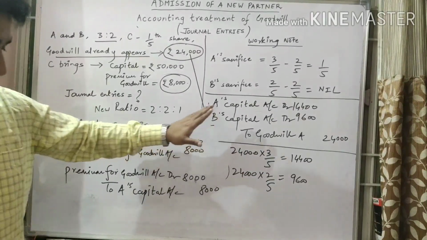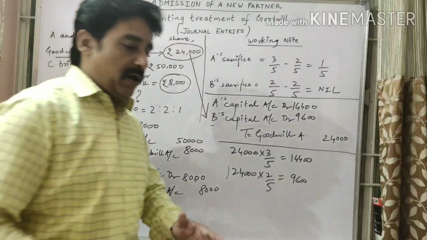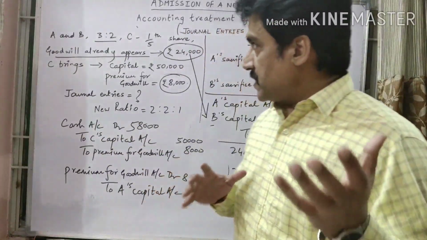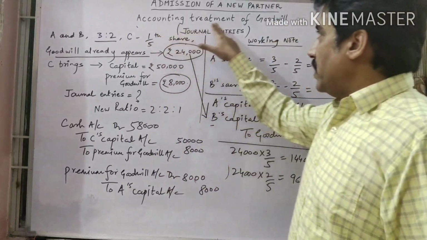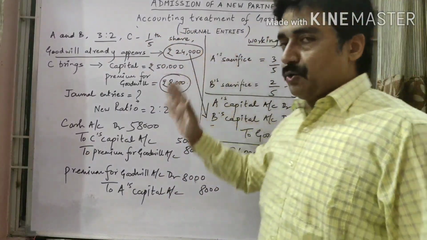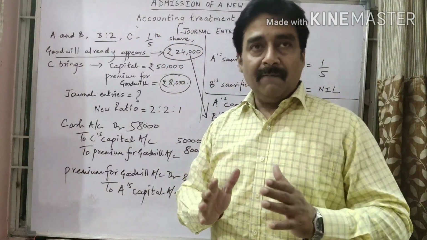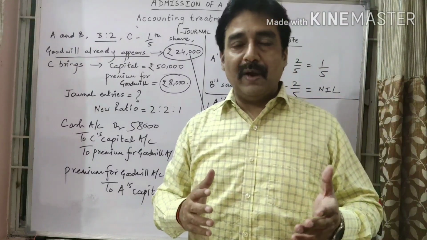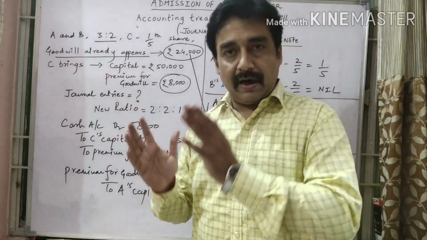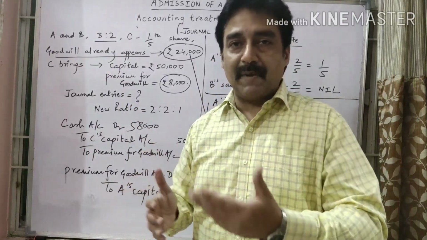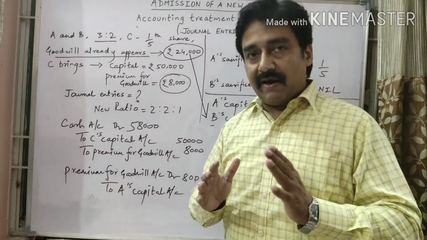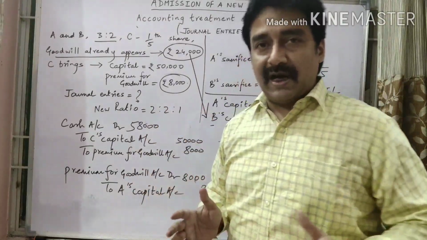Okay children, so what we have done today, I'll sum up in 1 minute. We have started doing this accounting treatment of goodwill, under which we have taken one situation where the new partner brings his amount for capital and his share of goodwill in cash or bank or through assets, which is known as bringing in kind. Which means that there can be another situation as well.